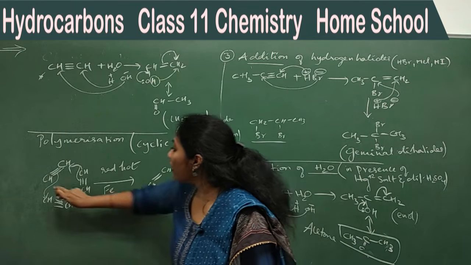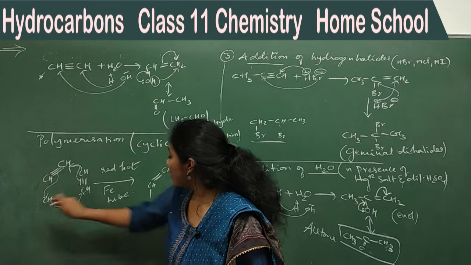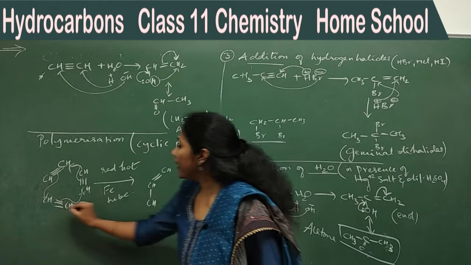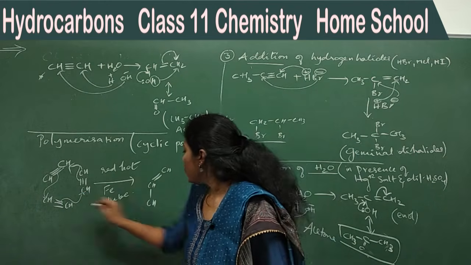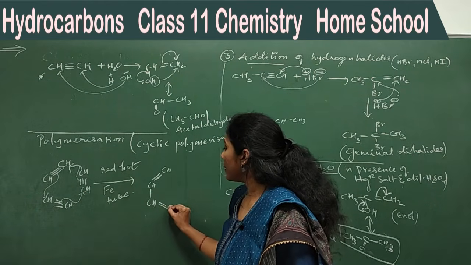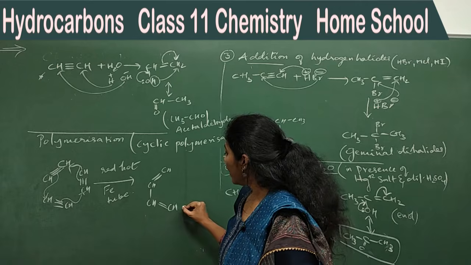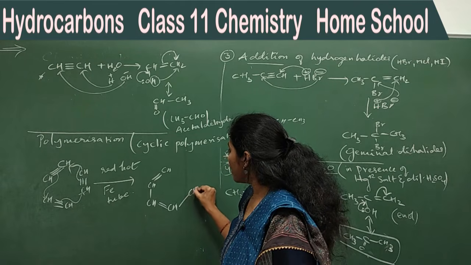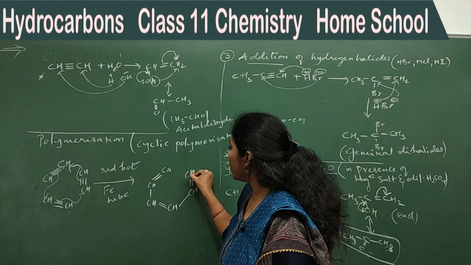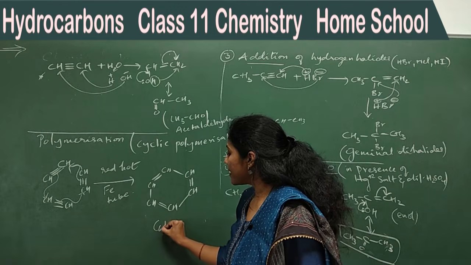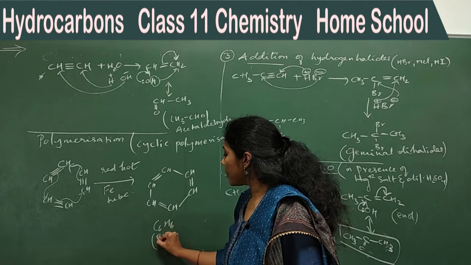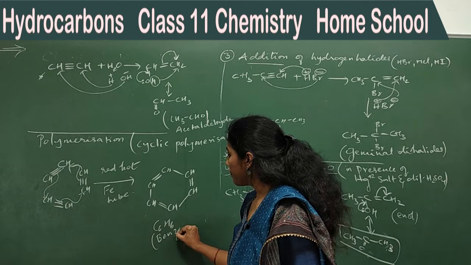So a new bond will form between this carbon and this carbon, that is CH. And again here the pi bond has gone to attack the next carbon, right? So here you have only a double bond, so CH, and a new bond with the next carbon, CH. So again a double bond, a new bond like this. So what is this? It is nothing but C6H6, which is nothing but benzene.